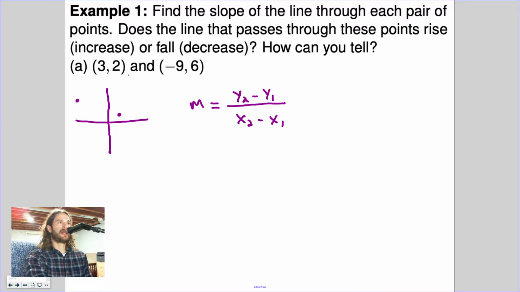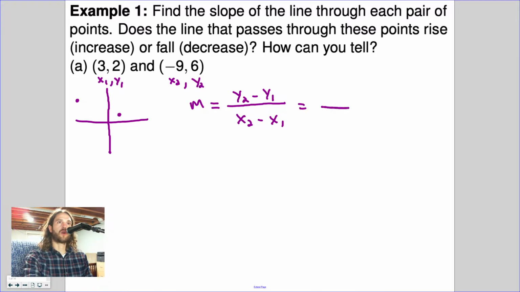For the first one, it doesn't matter which point you label as point 1 and point 2. So you can say, I'm going to call this x1. If this is x1, then this is y1, that is to say, the x coordinate and the y coordinate of point 1, which means the negative 9 is x2 and the 6 is y2, the y coordinate of point 2.